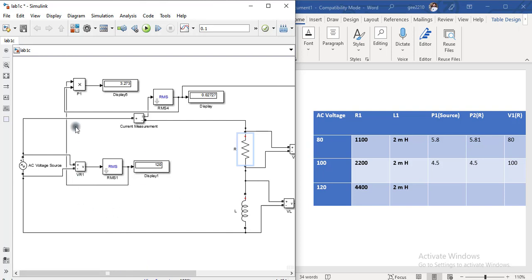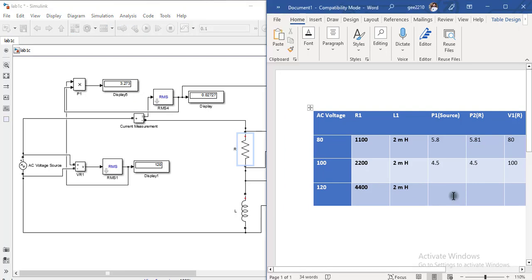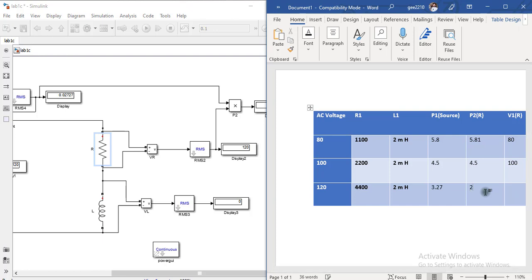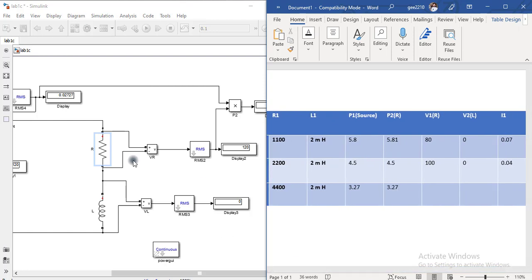So source power is 3.27. Power across the resistor is 3.27. What is the voltage across the resistor?